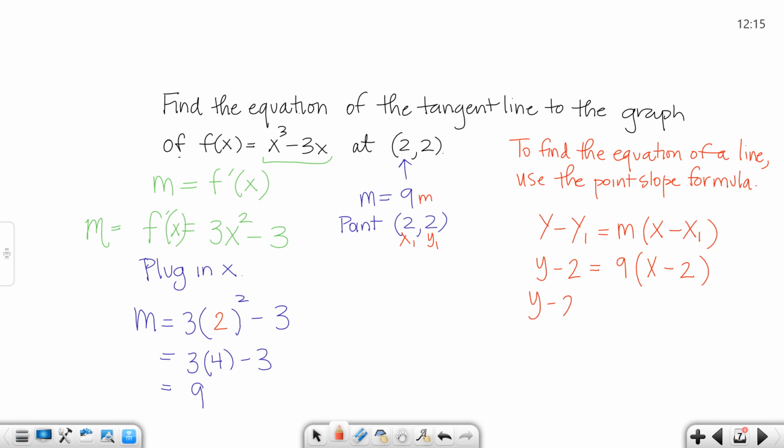So y minus 2 equals 9x minus 18. I always make you solve for y. So to get y by itself, I'm going to move this 2 over. Please watch your signs. And y equals 9x minus 16. And that's what we get.